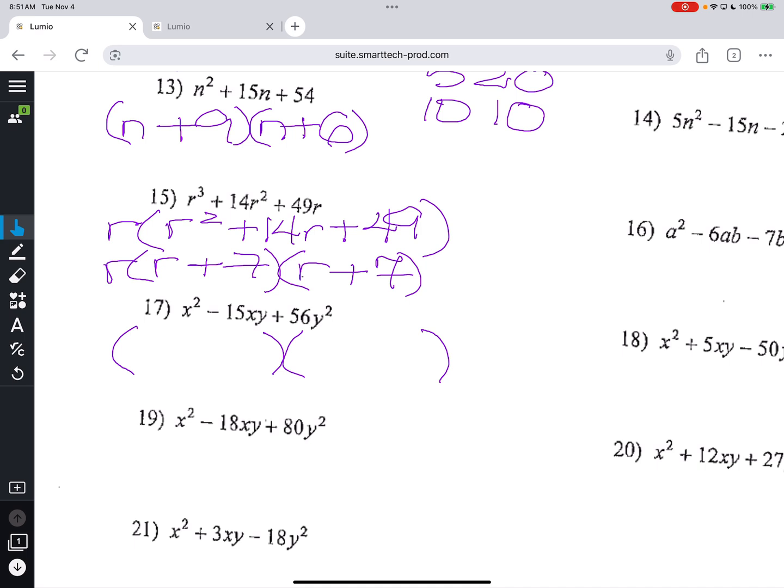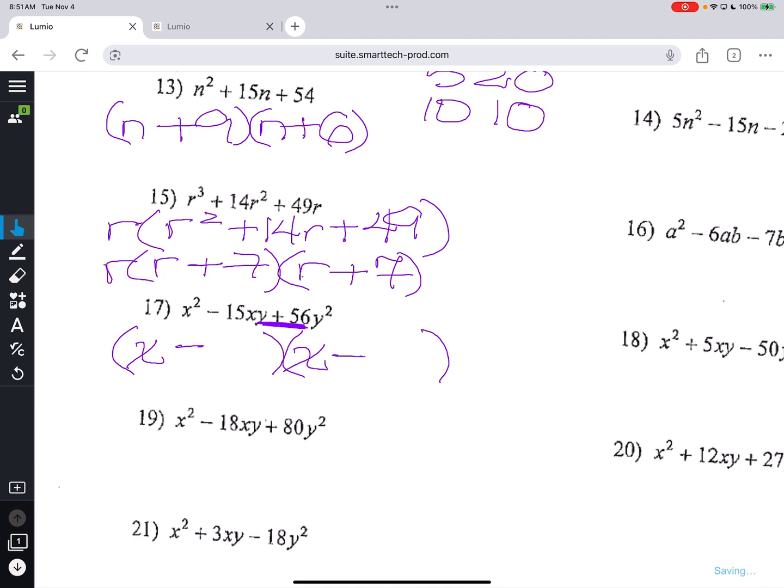The signs are going to be the same because we're making a positive 56. Then we look to the first operation sign, and it's negative. So that lets you know it's going to be two negatives, which will be just adding negative numbers. And when the signs are the same, you always add. So x minus.